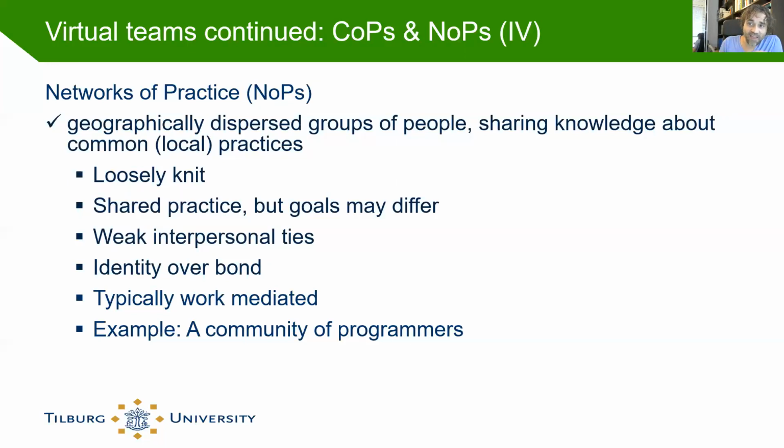So think of a Reddit community, or think of a website where programmers in a certain programming language can ask each other questions. Those communities are not people who work on the same task. They do not work for a single company that actually makes an airplane, but they all do the same line of work, and they can even be competitors.